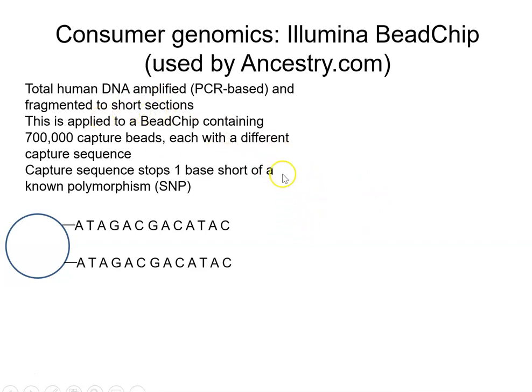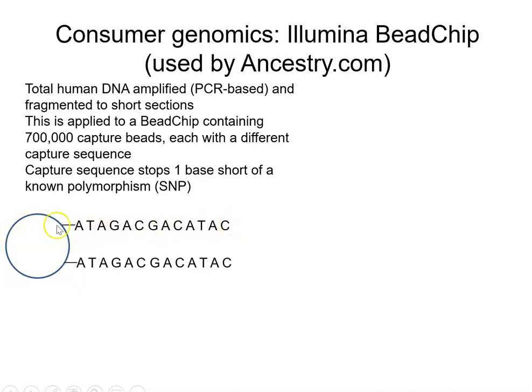This is then applied to a bead chip containing 700,000 capture beads impregnated onto a glass slide. Each capture bead has a different oligonucleotide sequence attached to it, and this sequence represents a piece of the human genome just up to the point prior to where there is a known single nucleotide polymorphism.